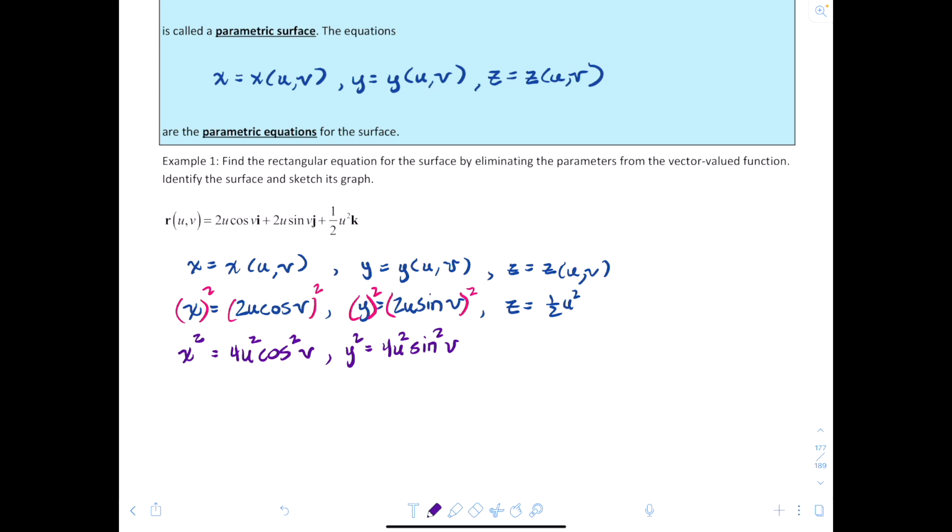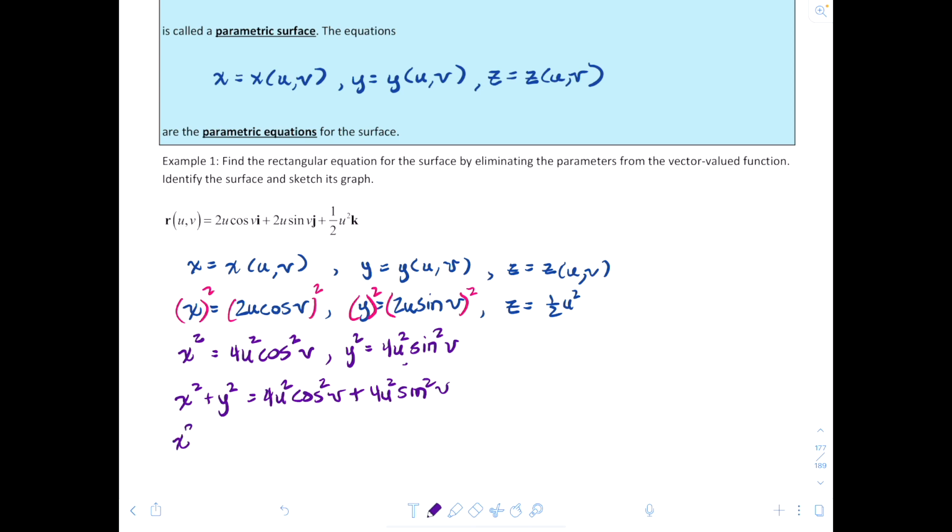Well, x squared plus y squared, if I add them together, that would give me 4u squared times cosine squared at v plus 4u squared times sine squared at v. Good so far? Awesome.